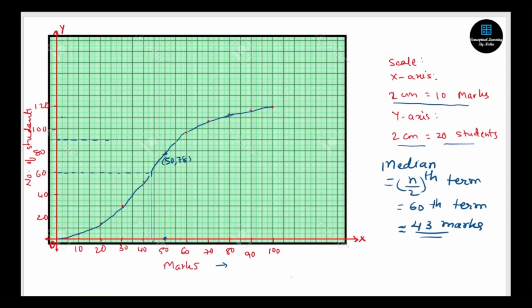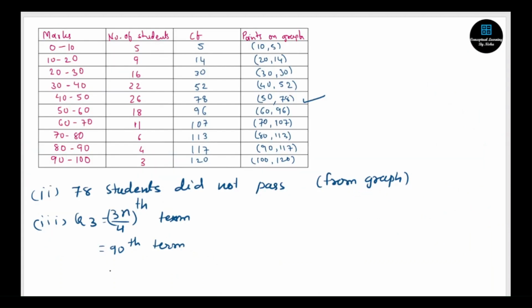If I go along with this and then go down, this is a straight line, right? Here it will meet, so 55. From the graph, it is 55 marks. This we also got from the graph, correct? Perfect. All right.